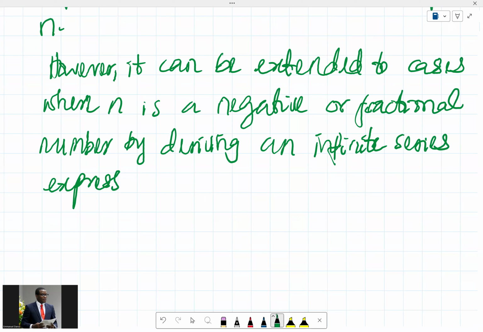By deriving an infinite series expansion. So here the key is the infinite series.